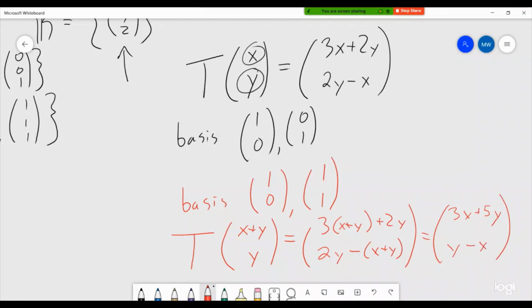So this is the same transformation under different bases, and they look different because they are acting under different bases. The basis you're looking at is going to impact what the matrix of the transformation looks like.